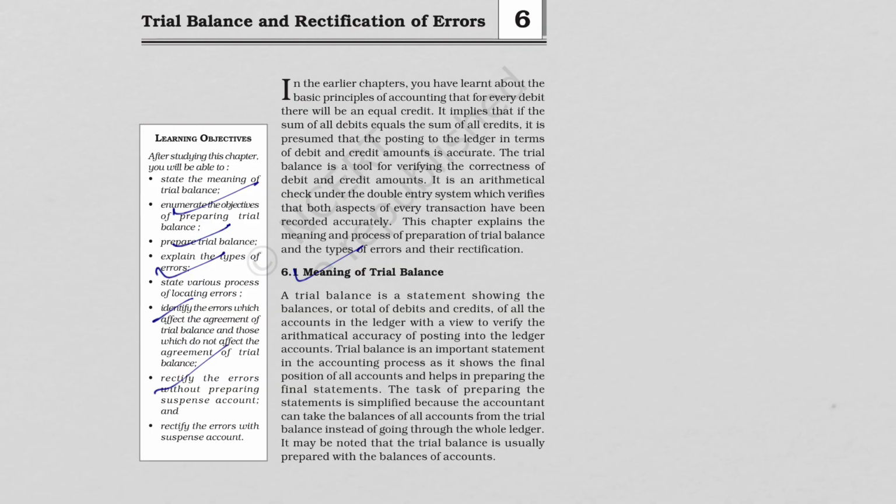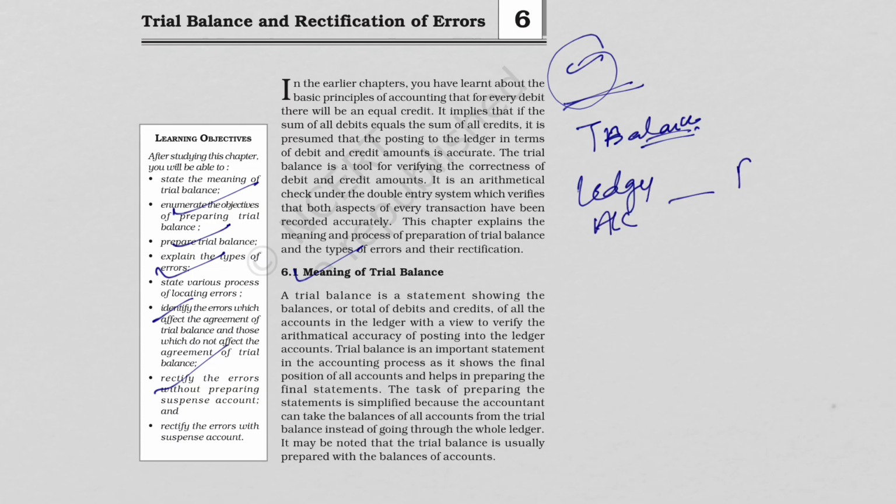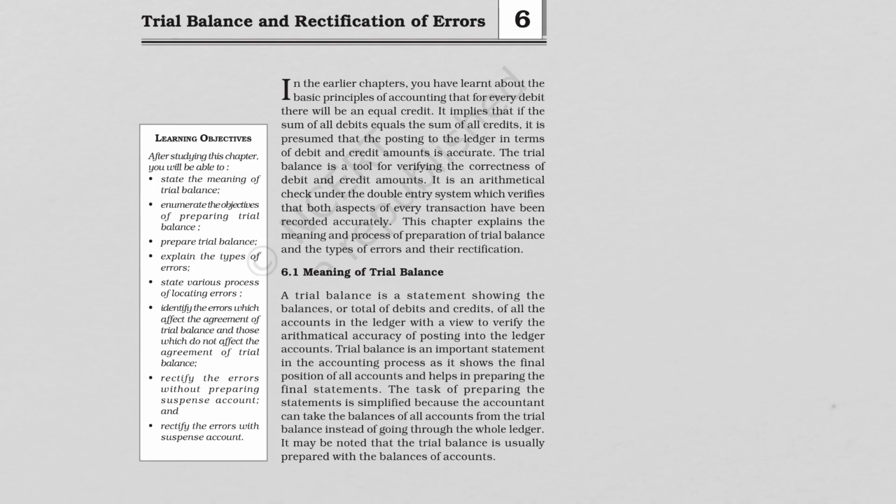Understanding these concepts is extremely important because trial balance acts as a bridge between ledger accounts and financial statements. Without preparing the trial balance it becomes very difficult to prepare the profit and loss account as well as the balance sheet.